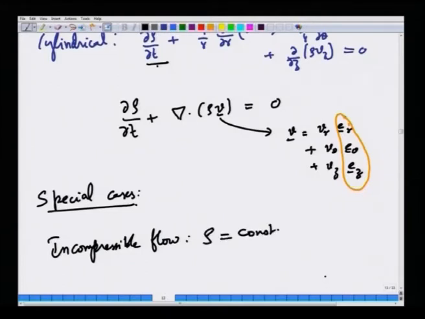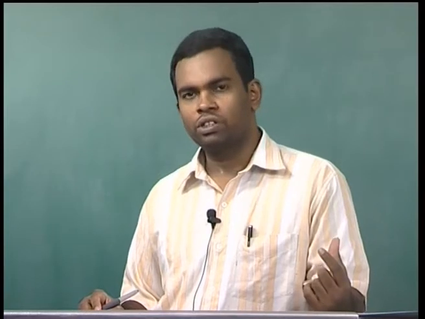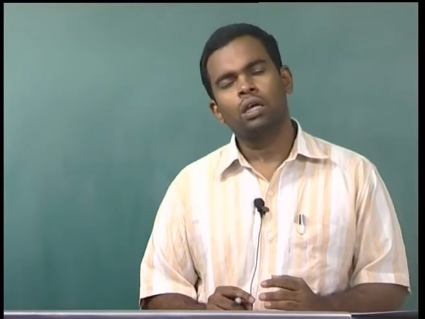Whenever there is a fluid flow happening, there will be pressure differences in a fluid, but the pressure differences are not large enough to change the density, because from thermodynamics we know that density, pressure and temperature are related by an equation of state. But for incompressible flows, we can assume that the changes in density are negligible for any change in pressure that can happen in a given fluid flow.